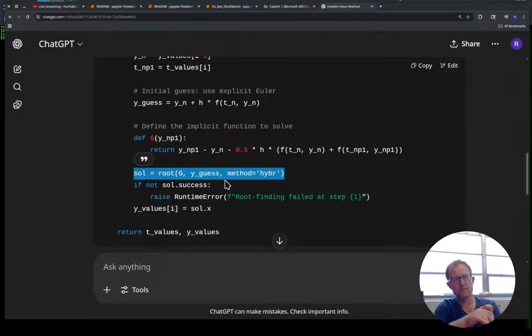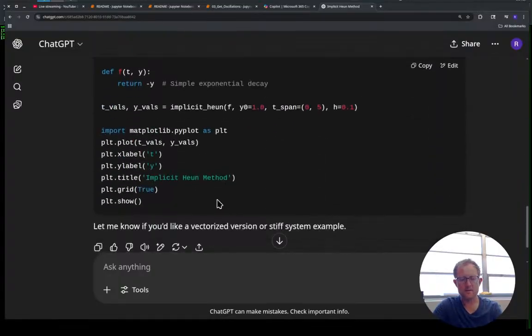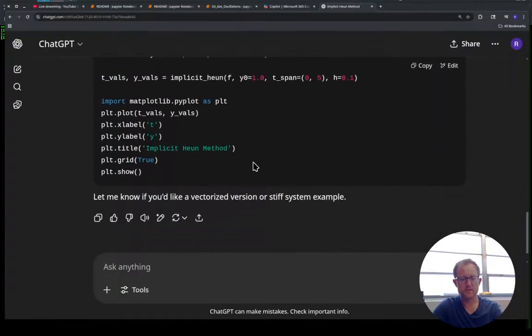There are inputs for that, but the max evaluations, not as much. This one has an extra if statement of like, hey, if you don't end up with an actual solution here, then it'll return an error. Most of the time it works, but it's just kind of weird.